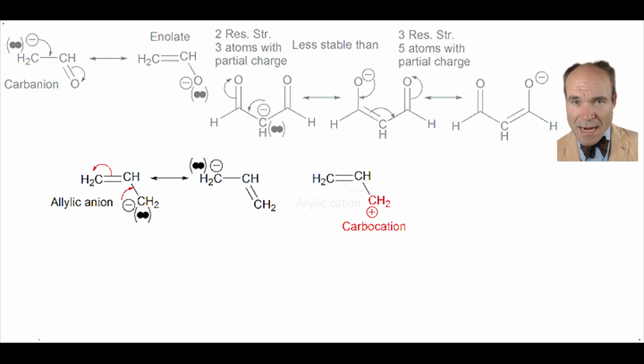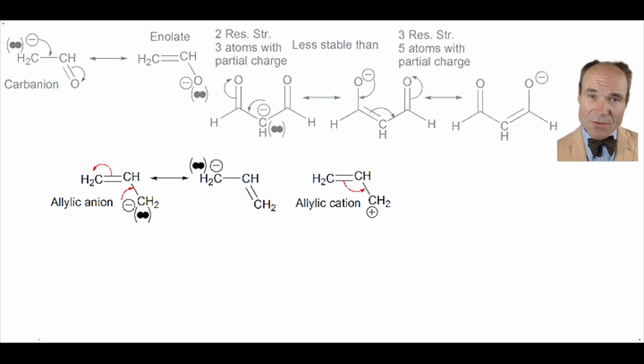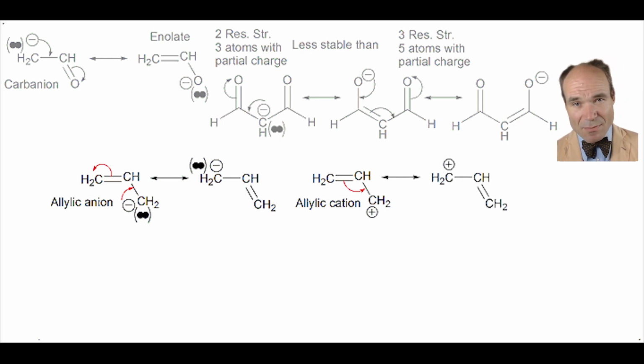We have one arrow that starts in the middle of the first bond, that's a double bond, and ends in the middle of the second bond, that's a single bond. Thus, the double bond becomes a single bond, and the single bond becomes a double bond. And notice the positive charge moves between the terminal carbons.